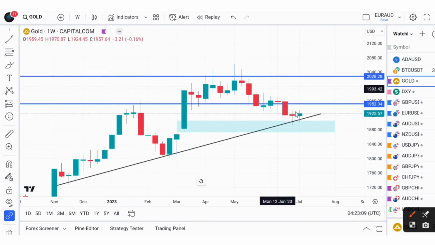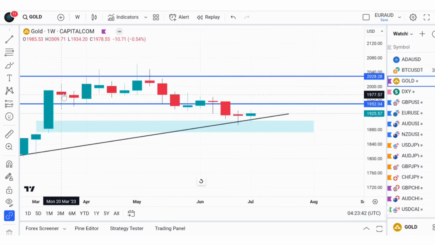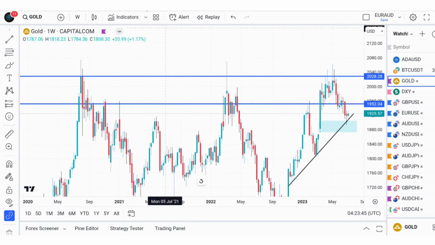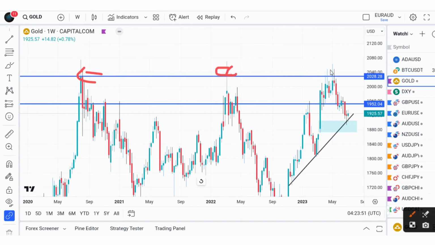Actually, the last 2 weeks we closed as a reversal. Last week too, according to the fundamentals and all this against the US dollar, we still closed as a reversal at this level. And if you check this here, this is a valid trend line, and then we have the demand area around this particular area, which is still a very strong level, even though in the overall time frame we have something like a triple top at this particular area.